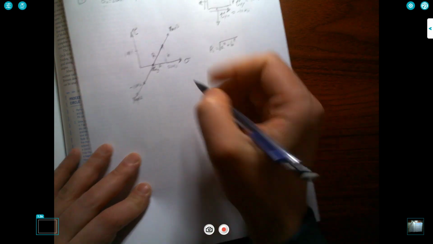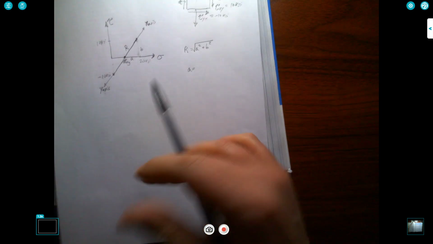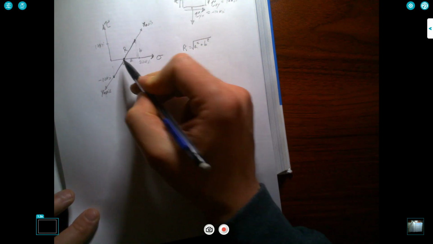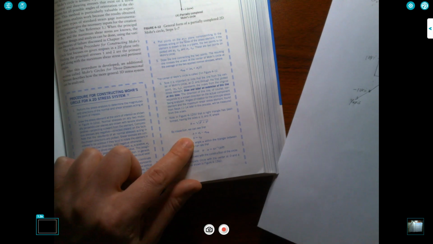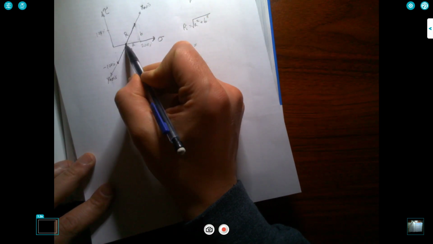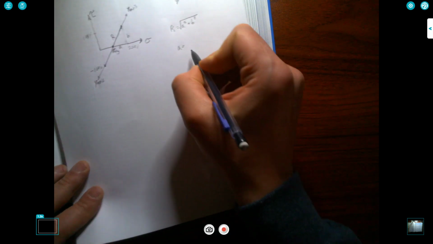Alright, so as we said, A is equal to our sigma x value that we had here, minus sigma average, and that gives us A. So basically this whole value minus this, right?